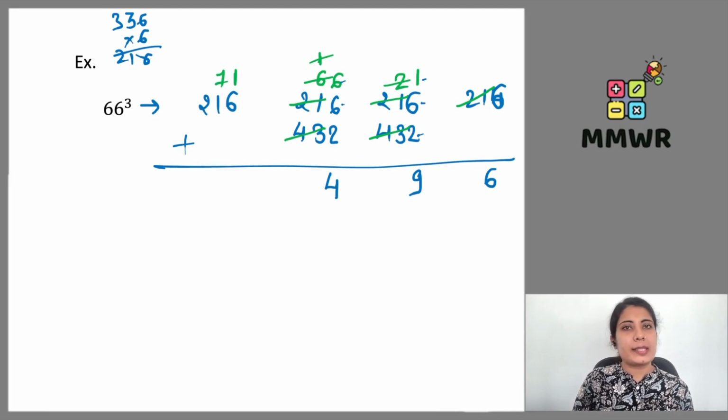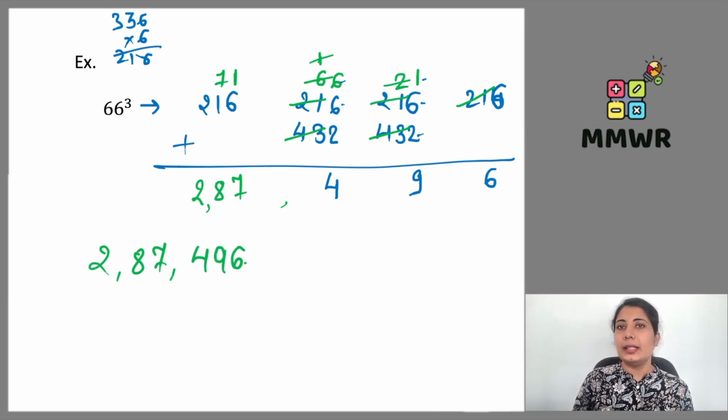Now let's add this 71 with 216, which is 287. So 2,87,496 is the cube of 66, right? What is the cube here? 2,87,496. You can cross check also.